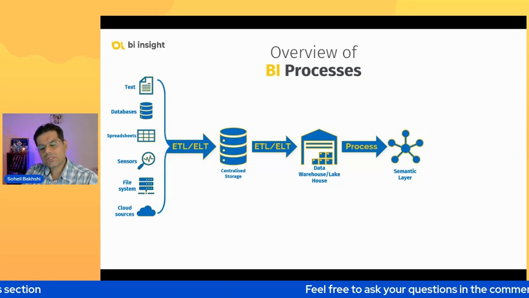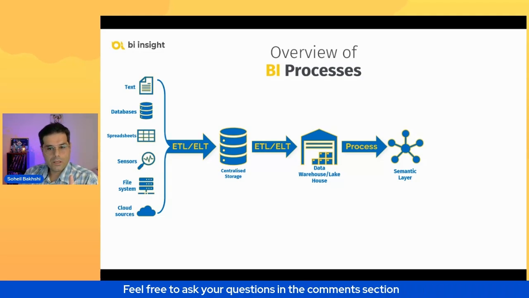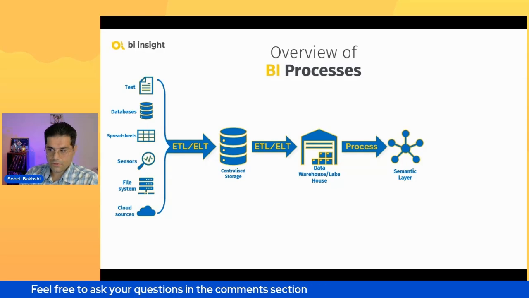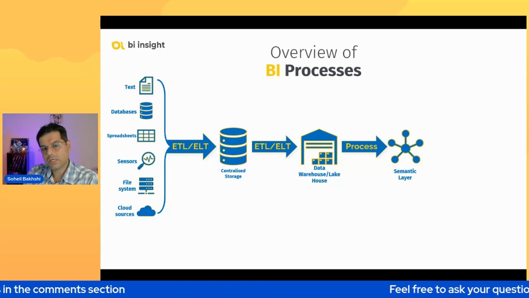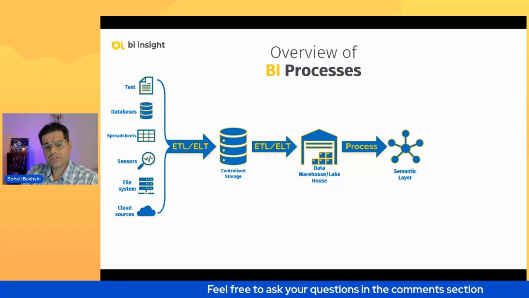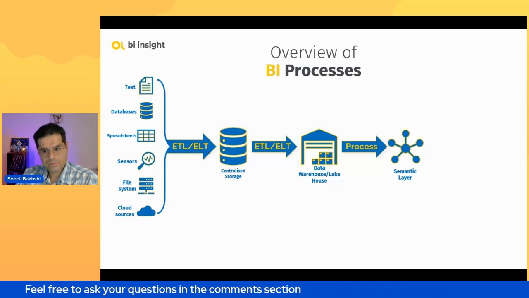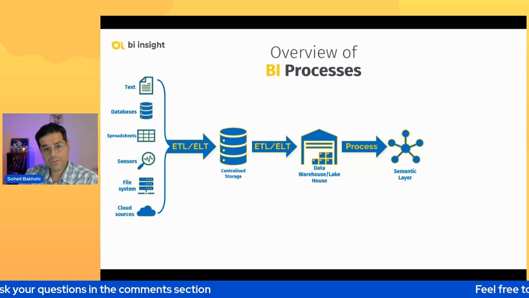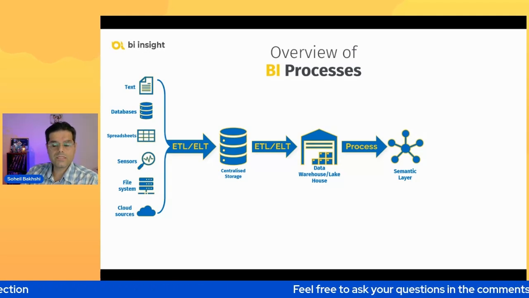And now we process that data into the semantic layer based on business requirements. One of the first questions that we ask the business is how much history of data you require to analyze. Maybe 5 years would be efficient, maybe 10 years, whatever that number is.